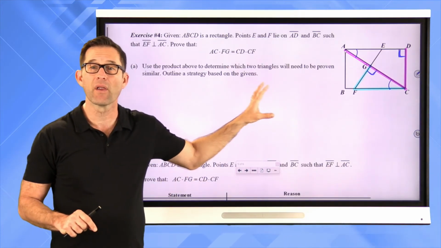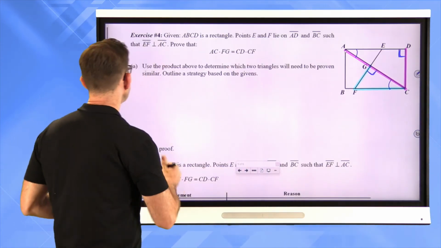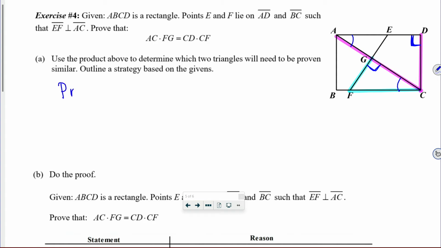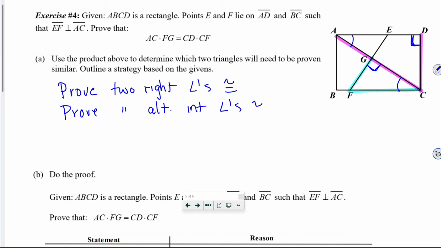All right, so let's outline that strategy. We're going to prove two right angles congruent. And then we're going to prove two alternate interior angles congruent.